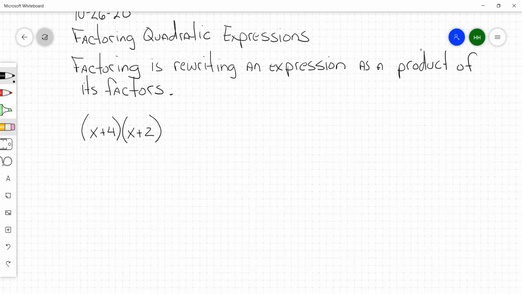Well, you've learned in the past to either use the FOIL method or use the distributive property twice to multiply these two binomials. So if you had x plus 4 times x plus 2, you would multiply your x times x, and you would get x squared. Then you would multiply your x times your positive 2, and you'd get positive 2x.